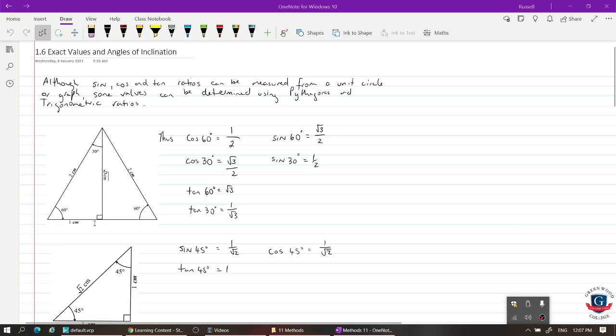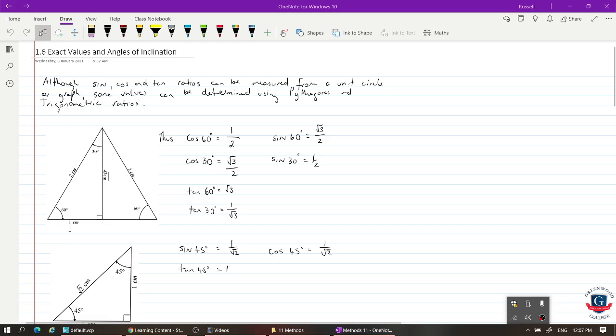Now we can find some ratios out. If we wanted to know cos 60, because it's a right angle, we know that it's adjacent over hypotenuse, so cos 60 is equal to a half. There's one exact value that we now know. Cos 30, adjacent over hypotenuse, is going to be root 3 on 2. Tan 60, opposite over adjacent, will be root 3 on 1, which is just root 3.